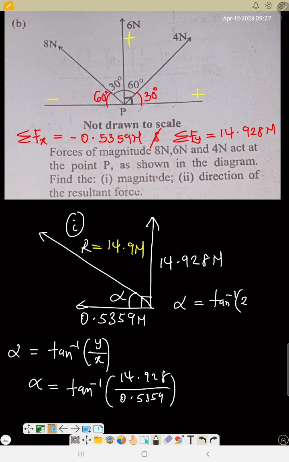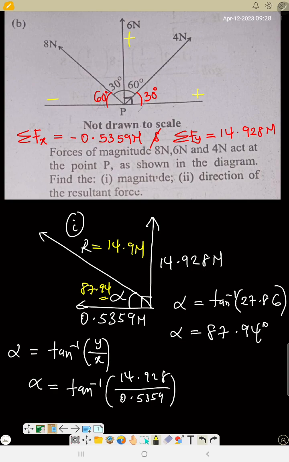So that will be 27.86. So alpha is arctan 27.86. So that is 87.94 degrees. So this alpha now is 87.94 degrees. So that is your alpha.